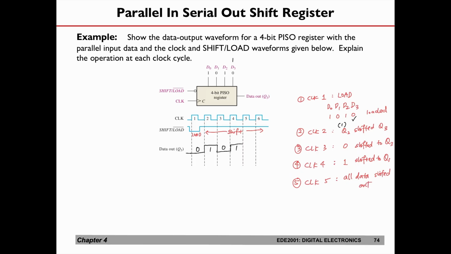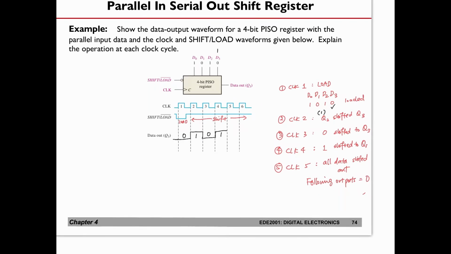At this point, the following outputs will be equal to 0, if you still recall that the input of flip-flop 0 is connected to an AND gate, and the output of this AND gate will become a 0 after the loading action becomes a shifting action.